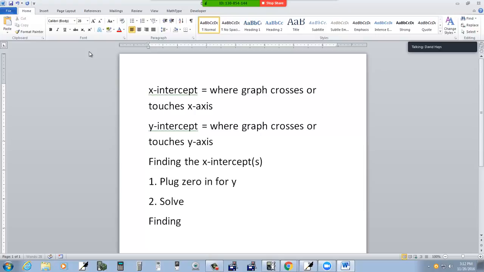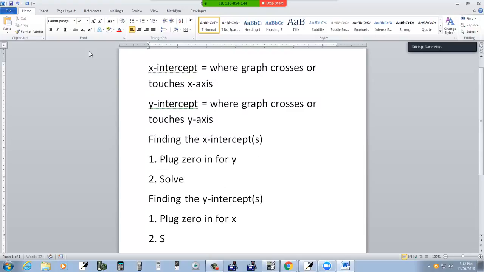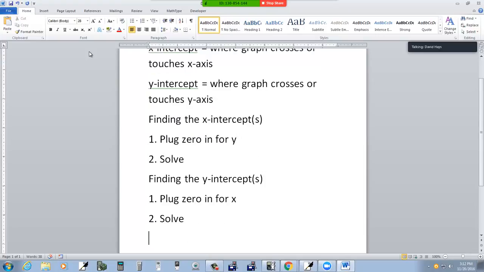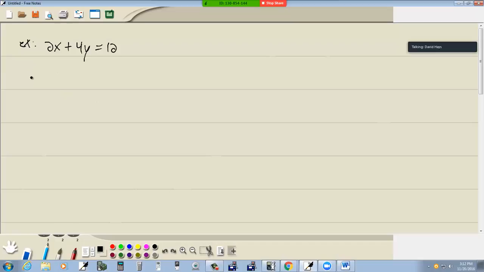Now finding the y-intercept. Step 1, plug 0 in for x and solve. It's always the same. Whenever you find the intercepts, you always plug 0 in for the other variable and then you solve. Doesn't matter whether we're doing linear, quadratic, or whatever, that holds true.